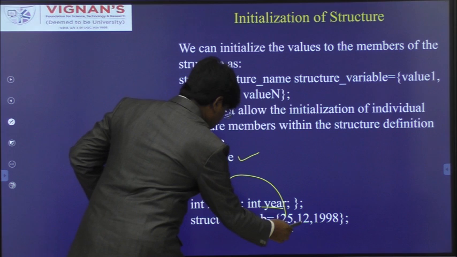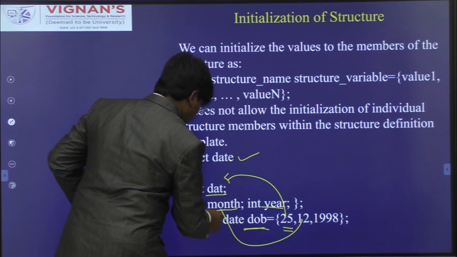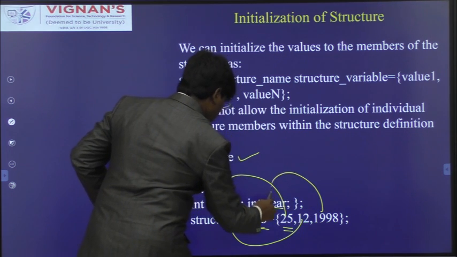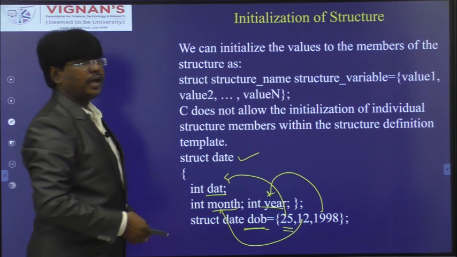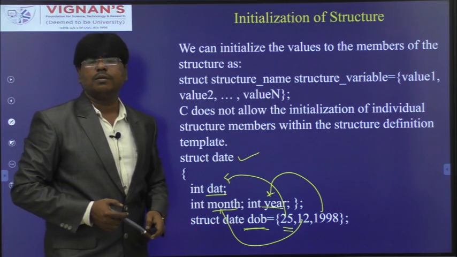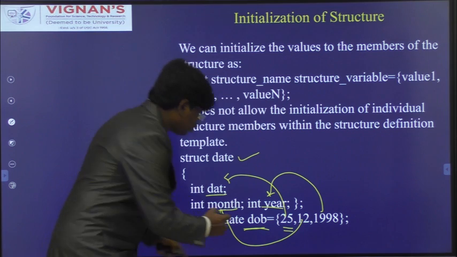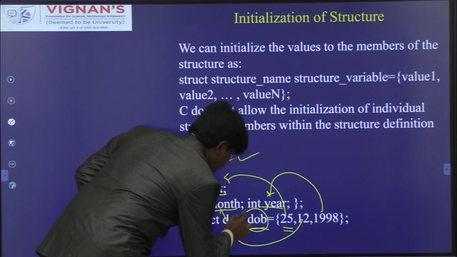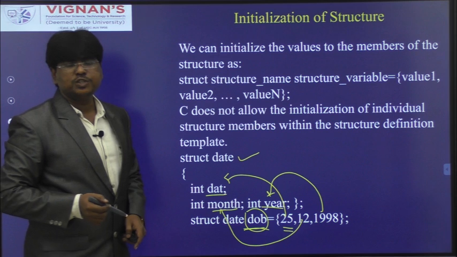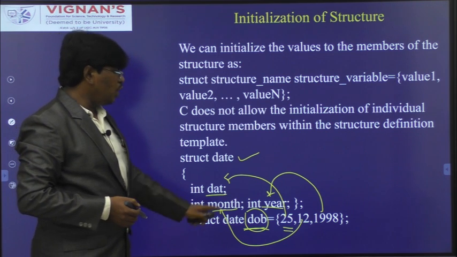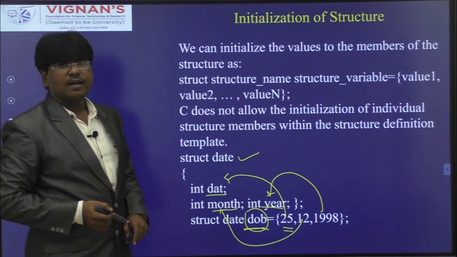Date. 12 is stored into which location? Month. And 1998 is stored into year. So in this way I am directly storing the values into members of the structure with the help of which one? This is very, very important, friends: DOB, the object or variable.